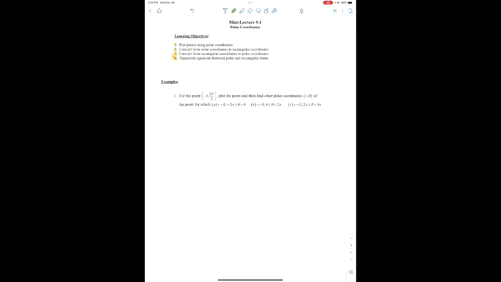We're going to do 3 different conditions and find out what the coordinate would be in order for it to meet each one. For the first condition, our radius has to be positive, and our theta needs to be between negative 2 pi and 0. So we're working in the negative zone.